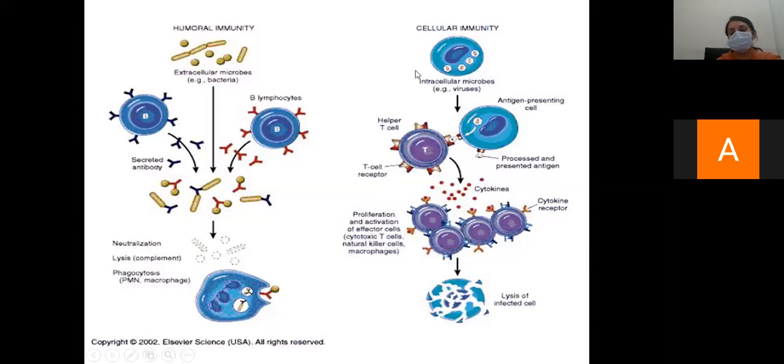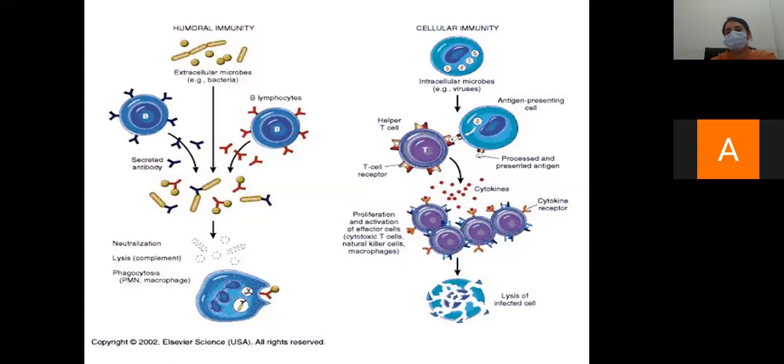And on the other side, what is in cellular immunity? In cellular immunity, as the name indicates, there are intracellular microbes like viruses. Then there are the antigen presenting cells. In the antigen presenting cell, there is a helper T cell, and on the helper T cell there are helper T receptors.